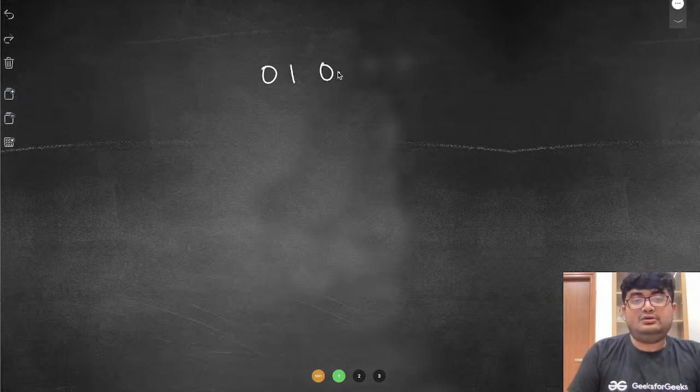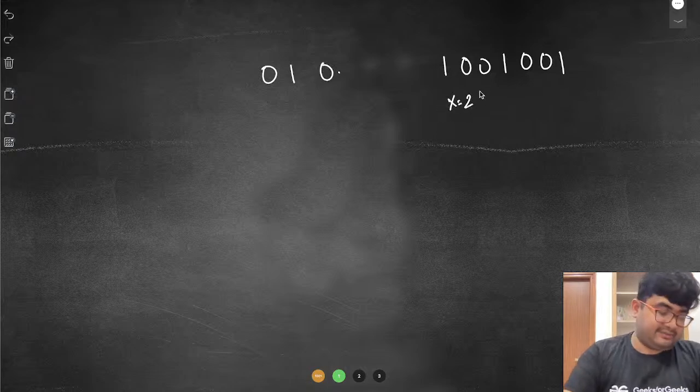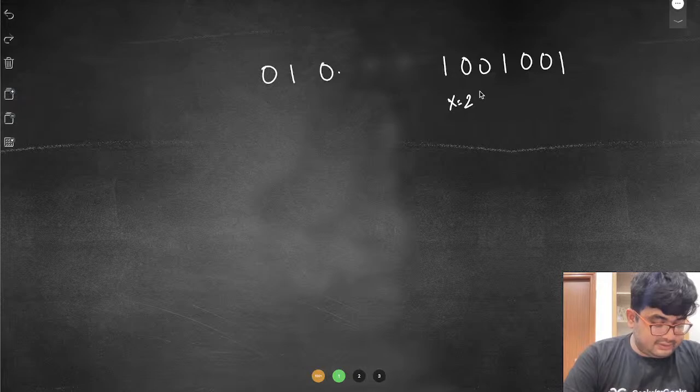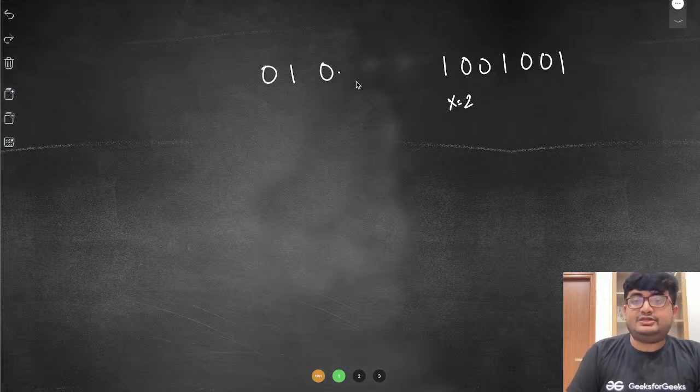Let's consider some strings. 1 0 0 1 0 0 1, and let's say x is 2 in this case. Okay, I'll see, maybe the test cases were not right. All right, so x is 2.